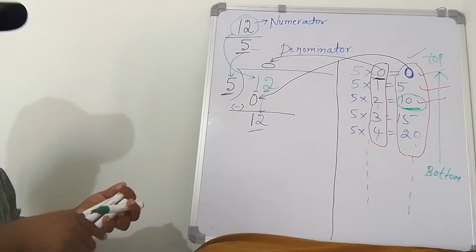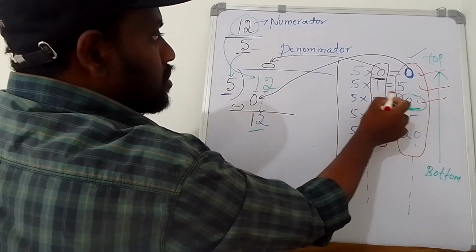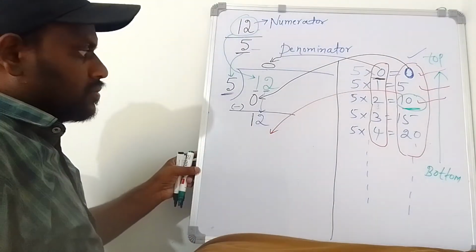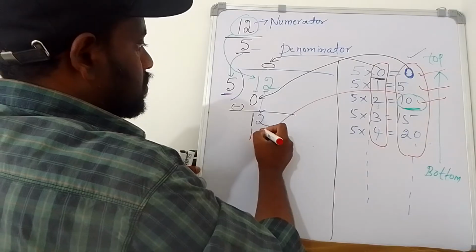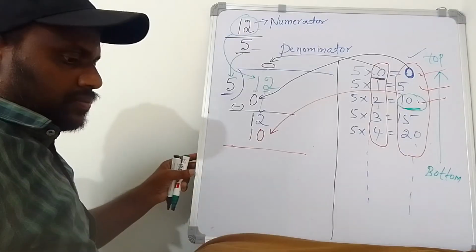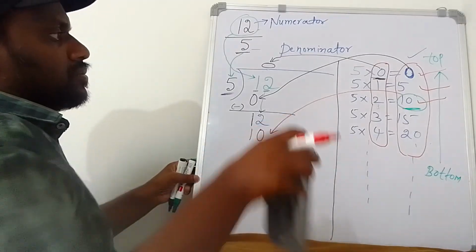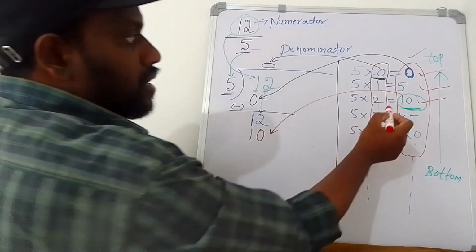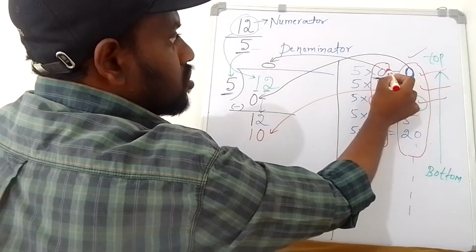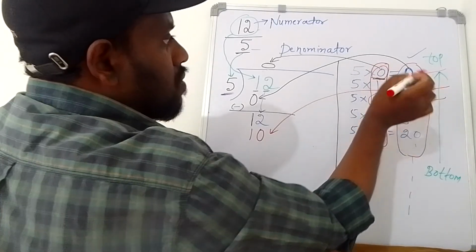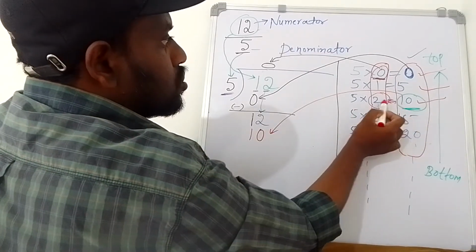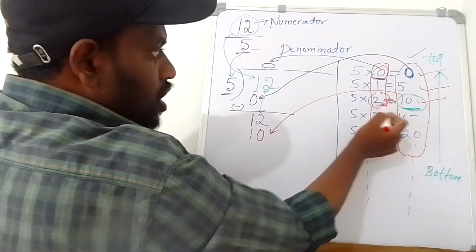Now you write this 10 here. We write 10 here, and the corresponding number, this one. 10 we have to write here, and this 2 in the same row.